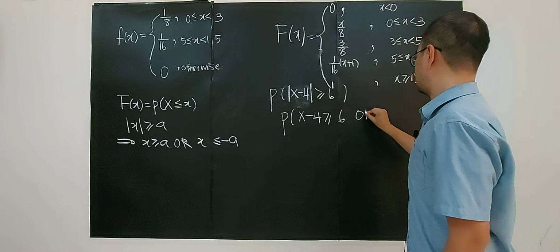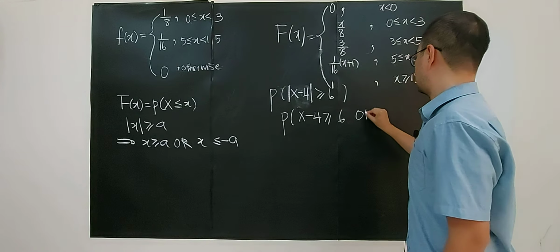Now I'm going to rewrite this, because "or" in probability can be written as plus, since these two events are mutually exclusive. For X less than or equal to negative 2, it is already in the right form, so you can write it as capital F(negative 2). But for the other, you have to convert it.